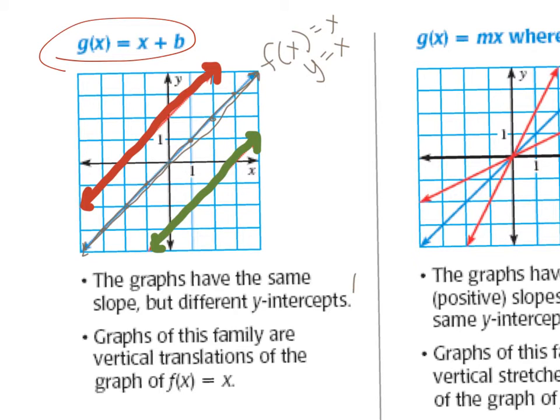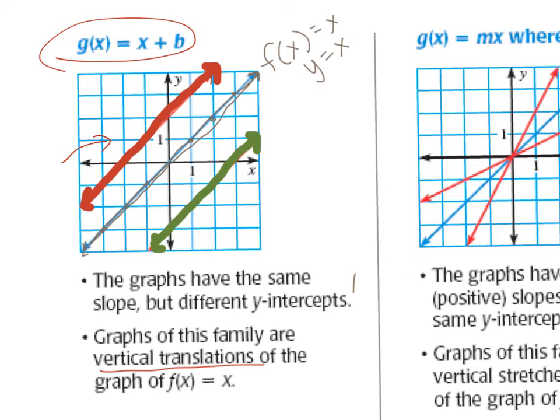So we say that this is a vertical translation, that's the mathematical words that they use. If you read that paragraph below there, they talk about vertical translations. And then if we look here, how do you know if it shifts up? If you are adding a number to x, it's going to shift up.